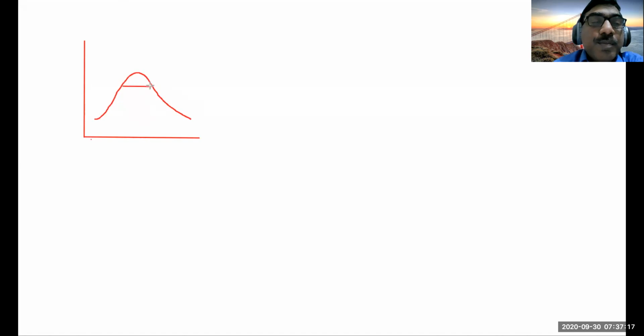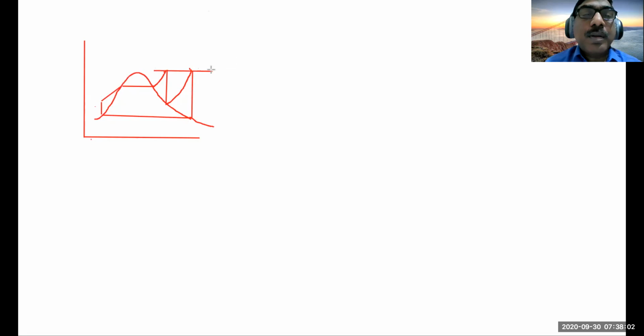This is the typical Rankine cycle with reheat. So what are the points?